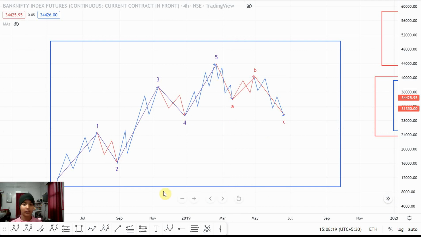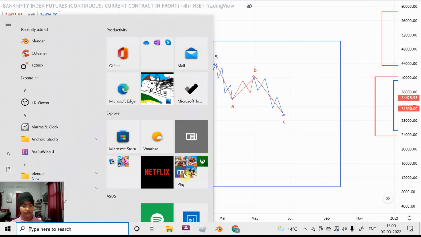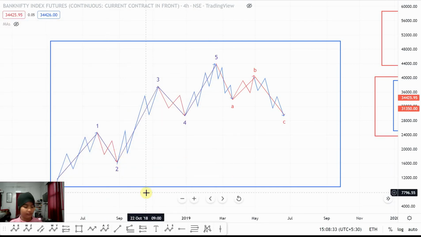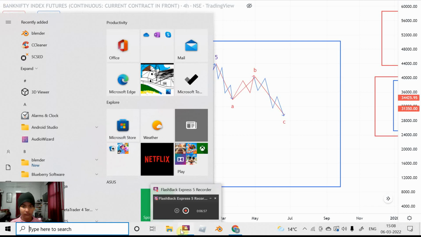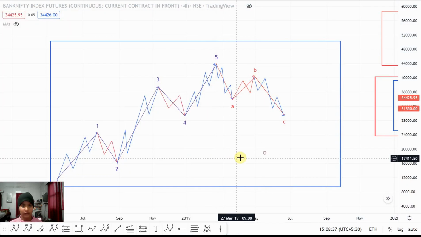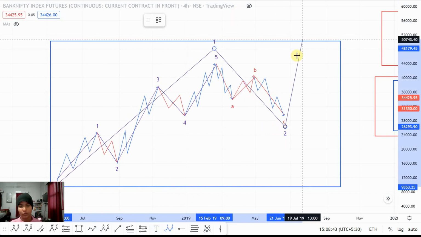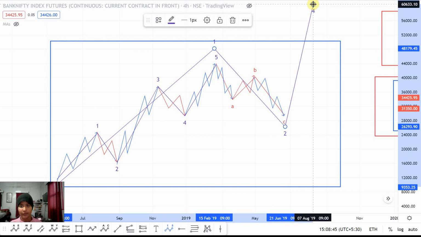So we mark it as 1, 2, we may go for a 3, 4 and 5.